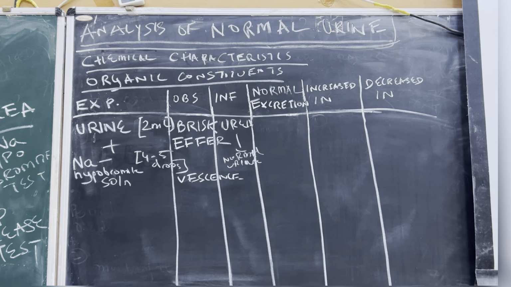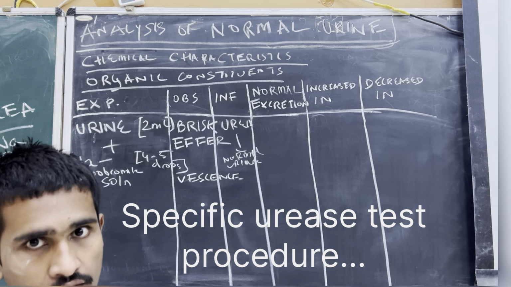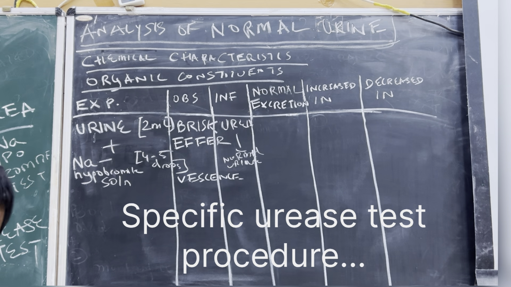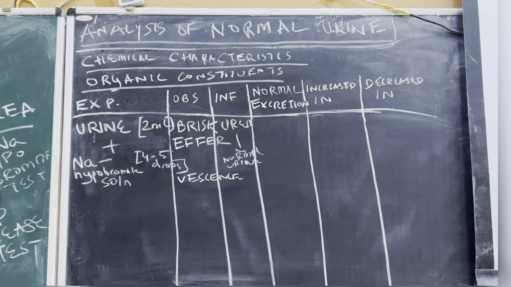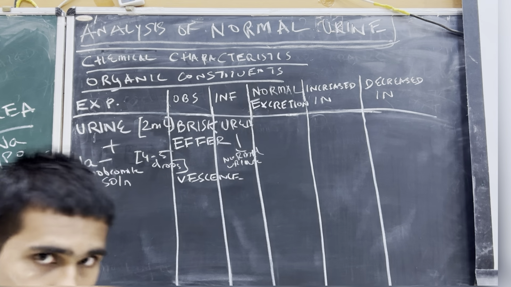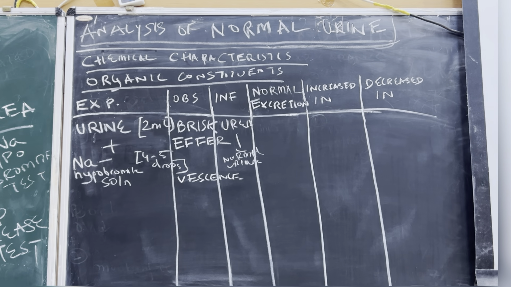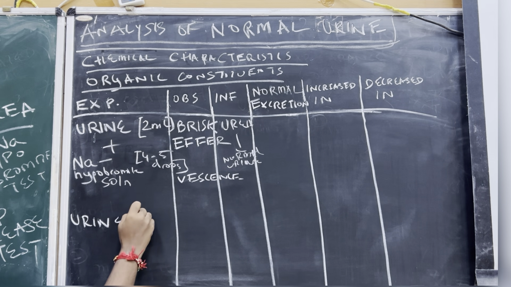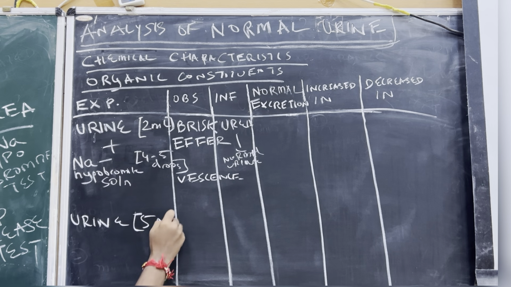Now to talk of the specific urease test. This is called specific because this test is very specific to detect urea. That's why the name, specific urease test. What we are doing: we are taking urine, 5 ml.